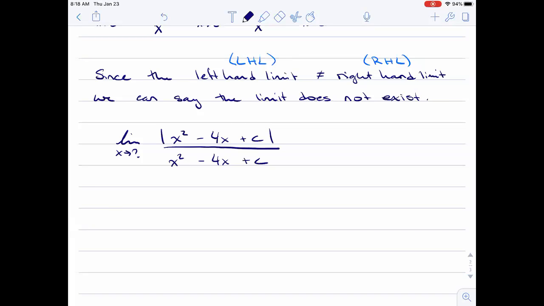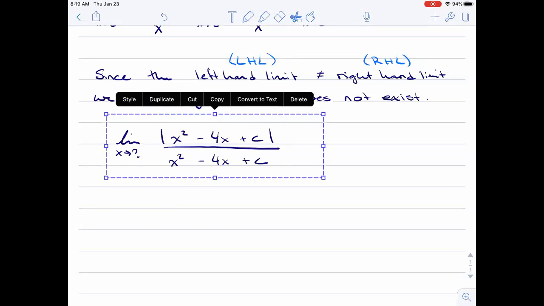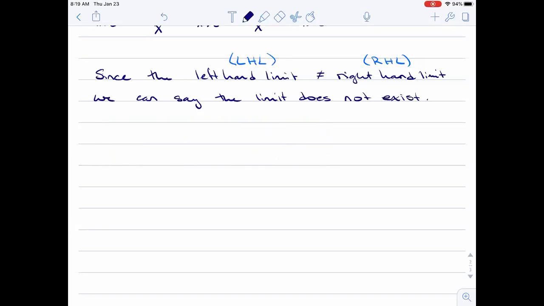Okay, so I'm going to remove that because it's not complete, but just so you get the idea. Any questions about that one? The one you just did, that doesn't exist?